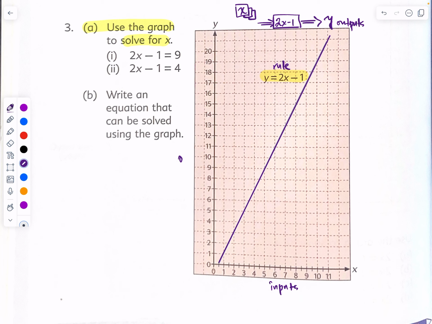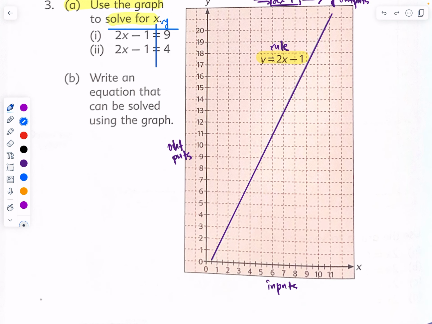And we can plot them, outputs. So let's solve these equations. Remember, using a graph, not algebraic manipulations. Okay, so when y equals these following values, if y equals 9, let's find 9. Here is our 9.